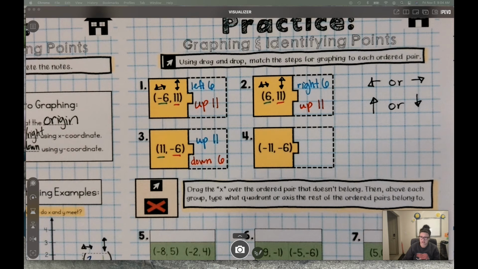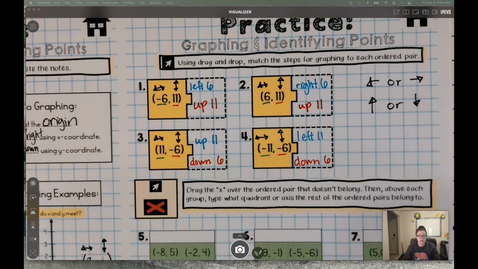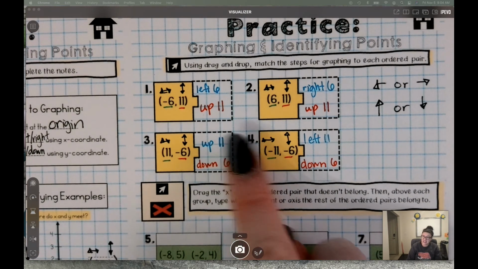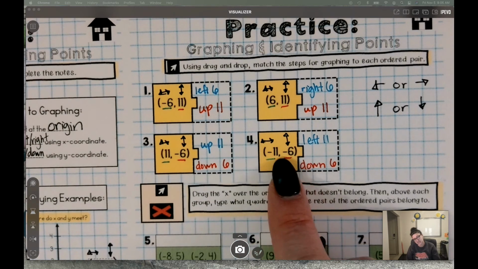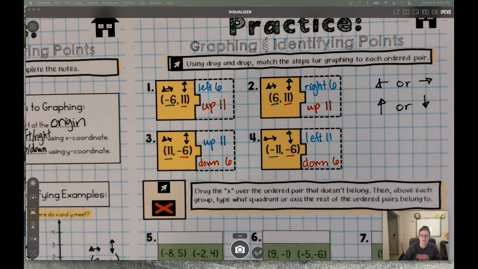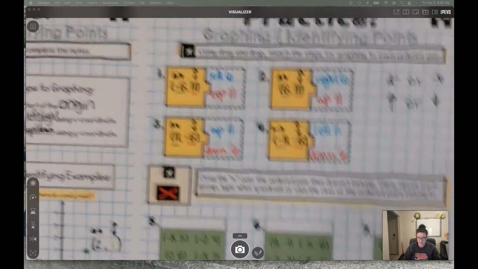Negatives mean down or to the left. Positives mean to the right and up. Did you do number 4? If you haven't, pause it and do 4. For the last one, it's a -11, so I go to the left 11, and then -6, so then I go down 6.